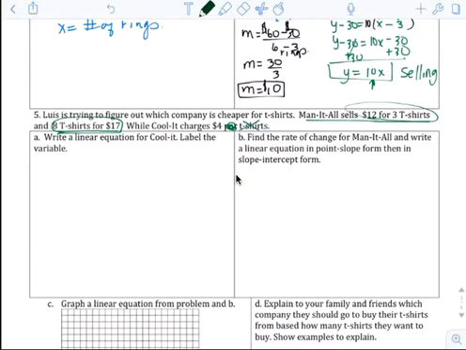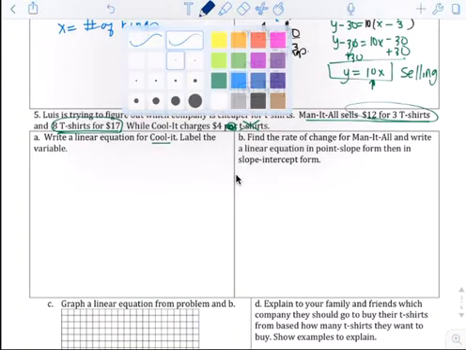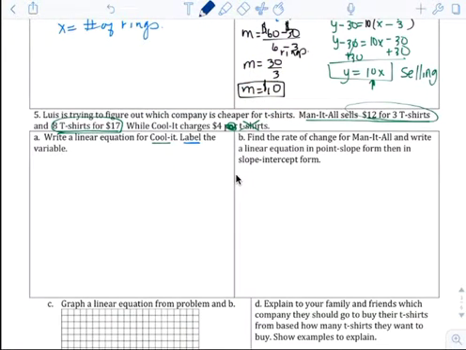That's easy. Write a linear equation for Cool It. Label the variable, that means define the variable. Y equals 4x for Cool It. That's an equation for it.